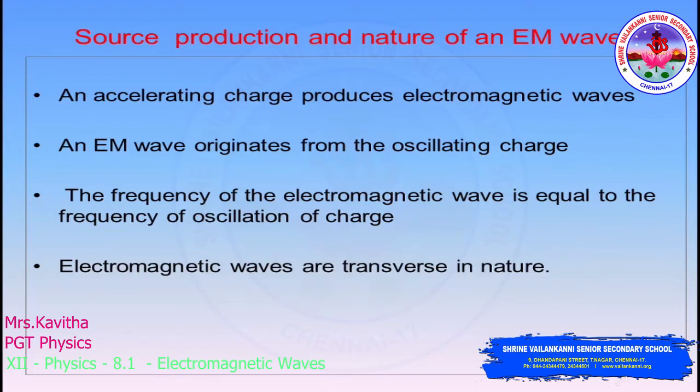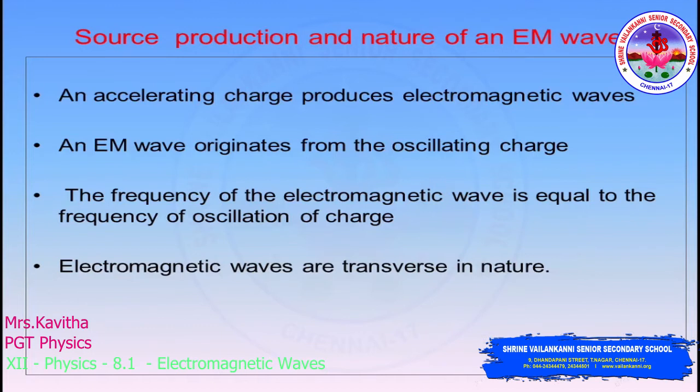Consider a charge oscillating with some frequency. This produces an oscillating electric field in space, which produces an oscillating magnetic field, and that is a source of an oscillating electric field also.